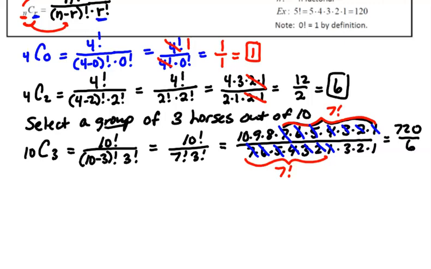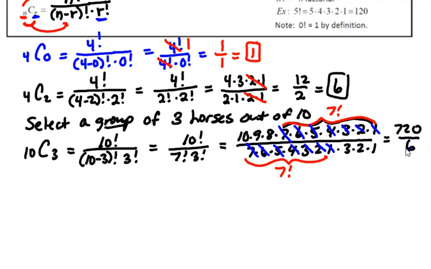So let me tell you the significance of this. When we did how many different ways can we get first, second, and third place with 10 horses, we got 720 different ways. But how many ways can you rearrange first, second, and third place? Well, that's 3 items. So there's 6 different ways to get different orders with 3 items. I don't need the order now. Order doesn't matter. So I divided out the order.